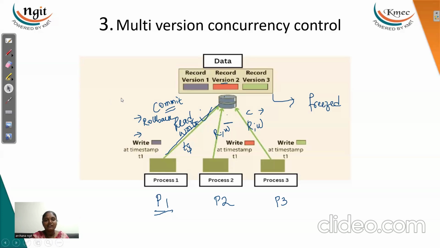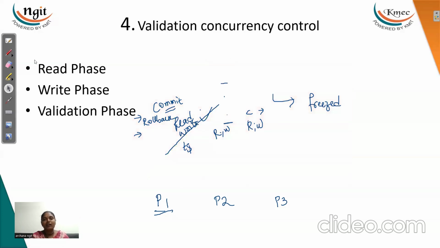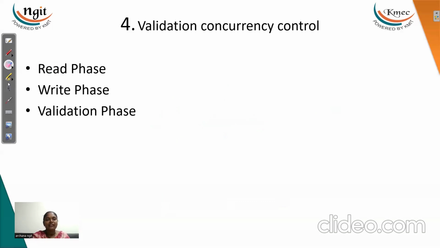Now moving on to the next one, that is the fourth one, a validation concurrency control protocol. In this validation concurrency control protocol, this can also be considered as an optimistic concurrency control protocol. Even the previous one is also taken as an optimistic concurrency control protocol, wherein we are not going to prevent any accessibility to the data items, and that's how we are not going to lock the data items.